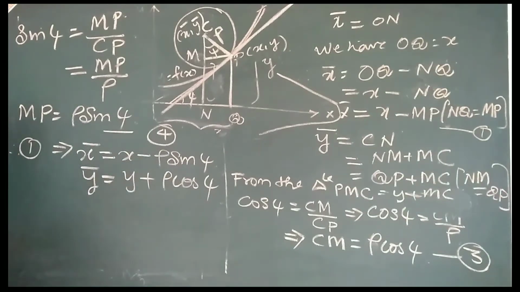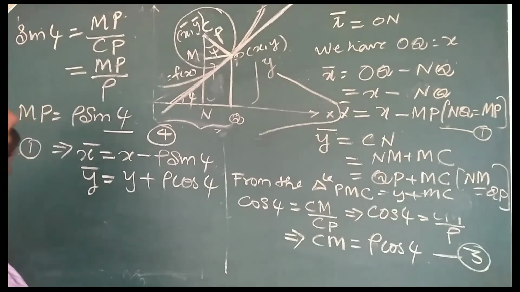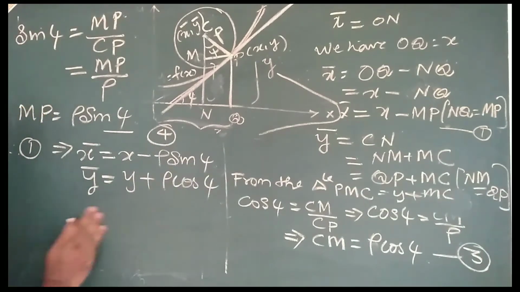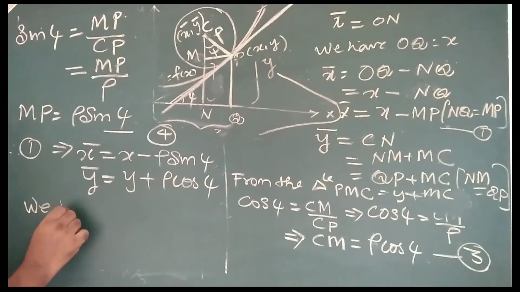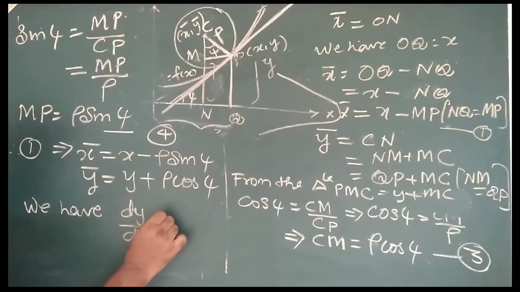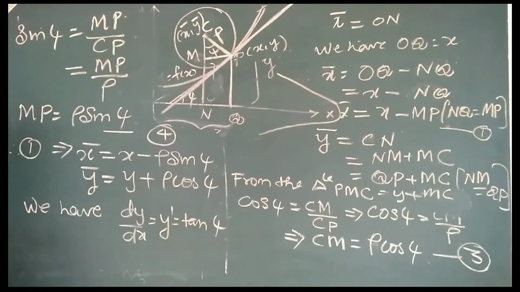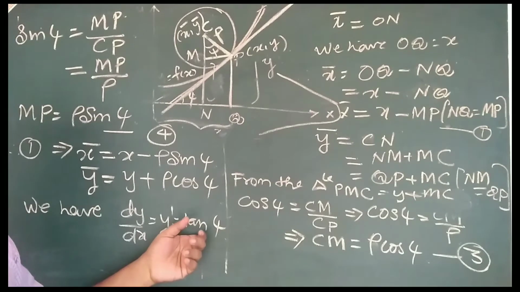So now our idea is to find the values of cos psi and sin psi in terms of y dash. So we have dy by dx, y dash, is equal to tan psi, because the slope is equal to tan psi.